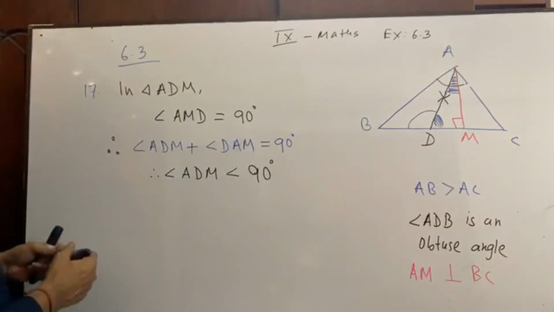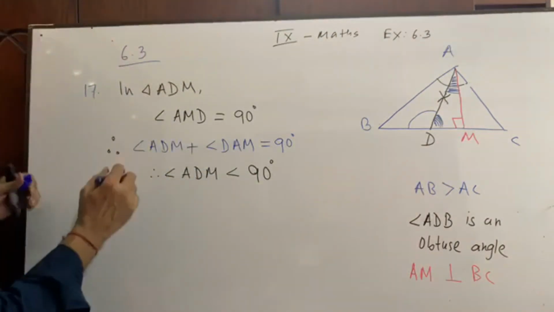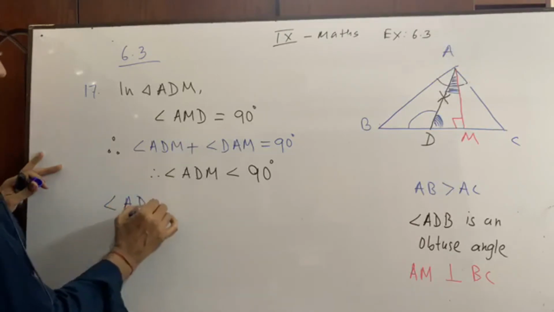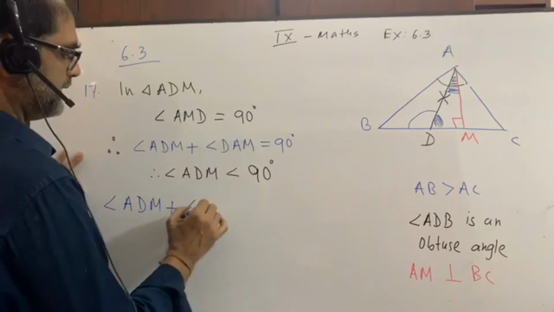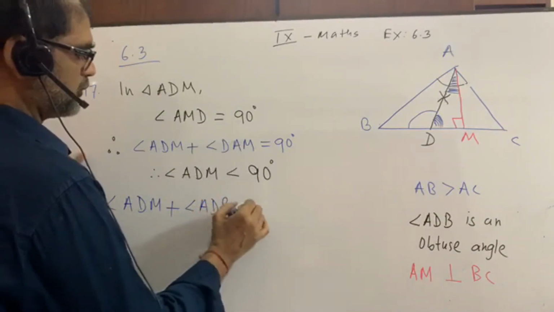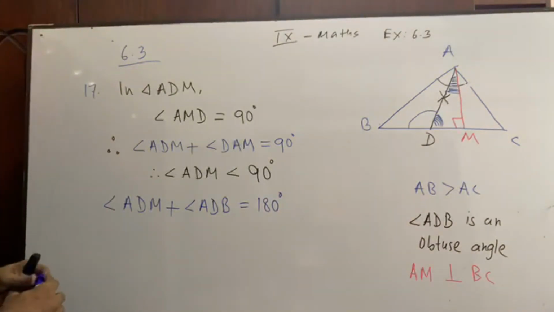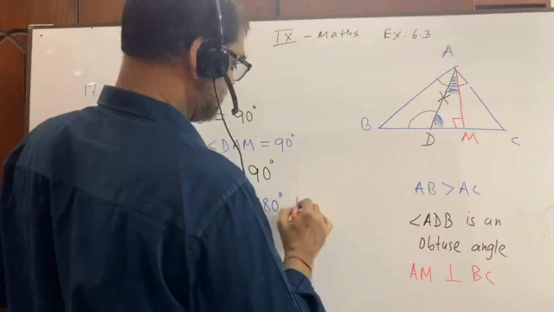Now you again see angle ADM plus angle ADB equals what? 180 degrees, because they form one straight angle.